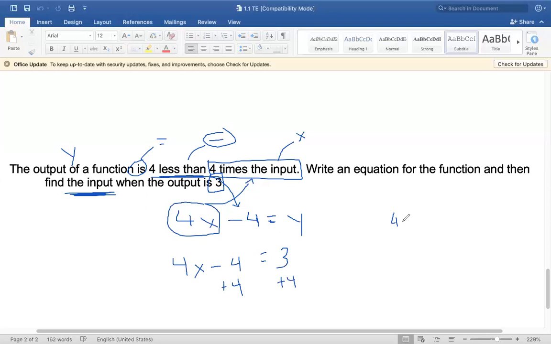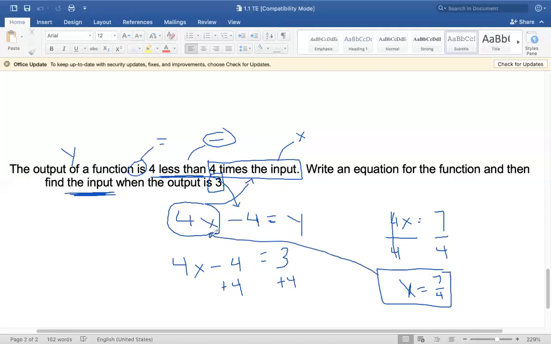Get 4x equals 3 plus 4 is 7. Divide by 4 on both sides. These cancel out, and I'm left with x equals 7 over 4. And again, if I take this and plug it back in here, I get the exact same answer.